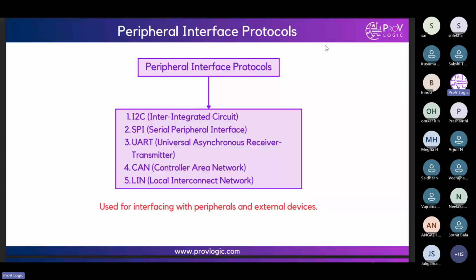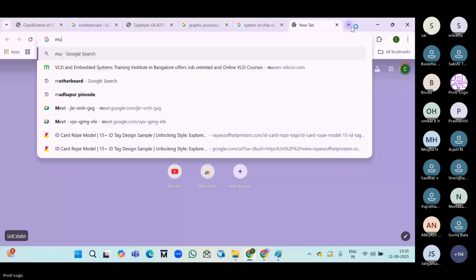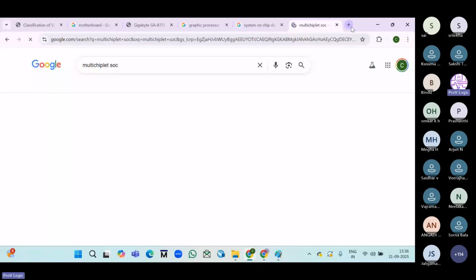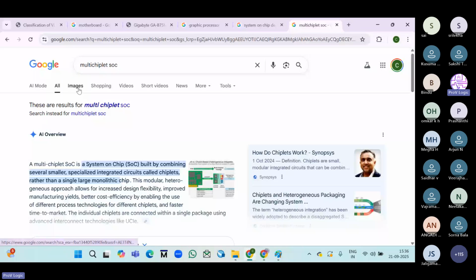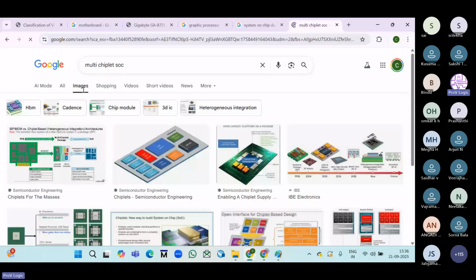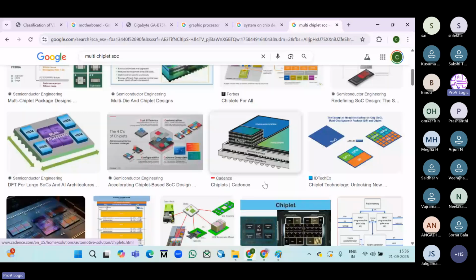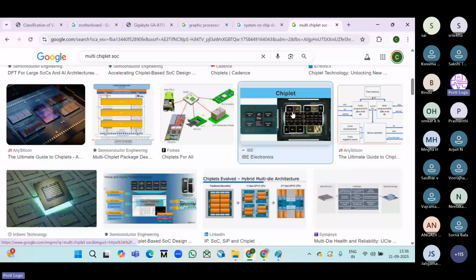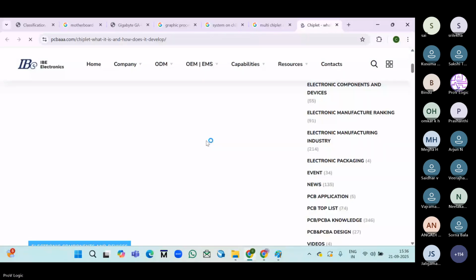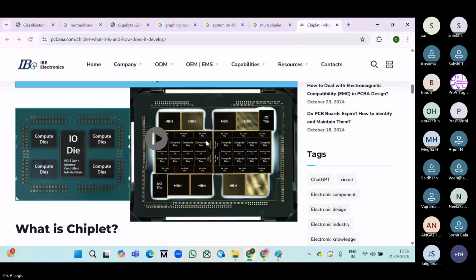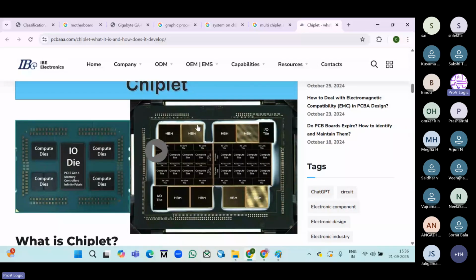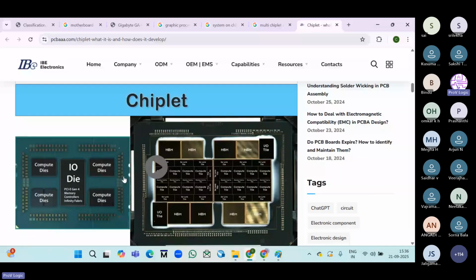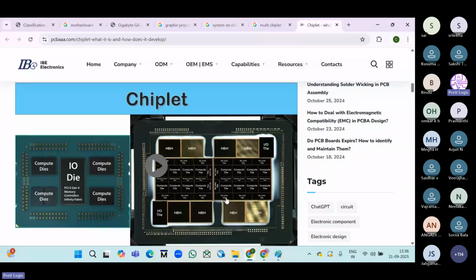There will be a lot of dies. Multi-chiplet means there will be a lot of dies for cores, core 1, core 2, chiplets. See here. In previous motherboards, do we have chiplets like this? Never. We don't have chiplets.